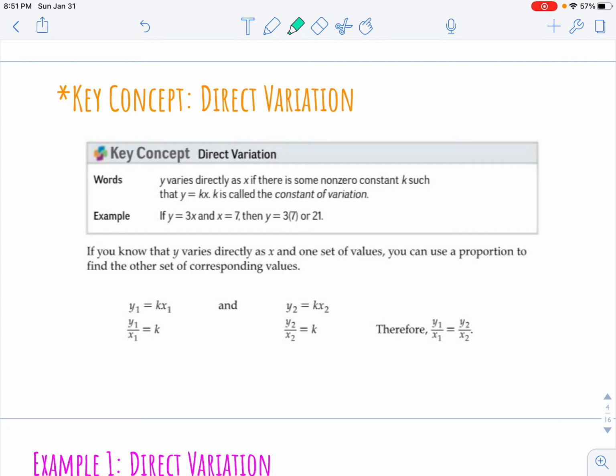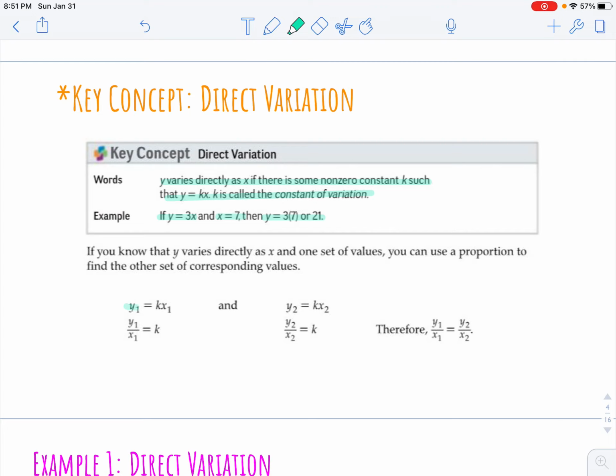So y varies directly as x if there is some non-zero constant k such that y equals kx. k is called the constant of variation. So if y equals 3x and x equals 7, then y would equal 21. If you know that y varies directly as x in one set of values, you can use a proportion to find the other set.